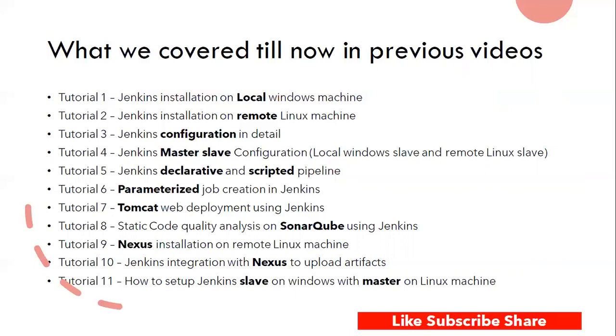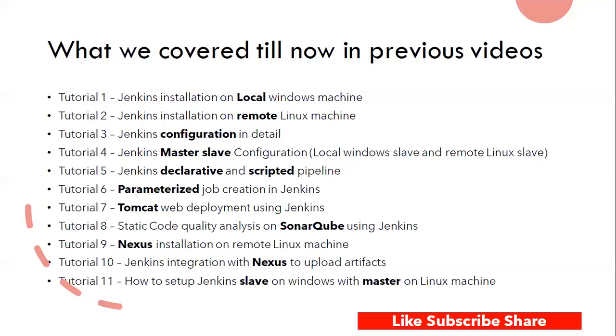In tutorial 5, we have seen Jenkins declarative and scripted pipeline. Tutorial 6, we have seen parameterized job creation in Jenkins. In tutorial 7, we have seen Tomcat web deployment using Jenkins. In the next video, we have seen static code quality analysis on SonarQube using Jenkins.